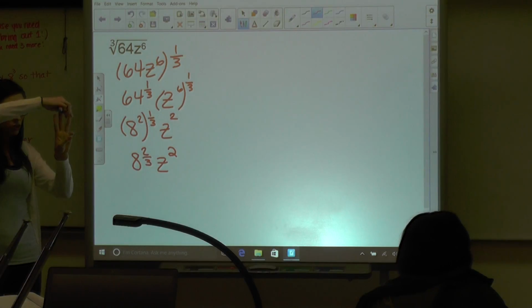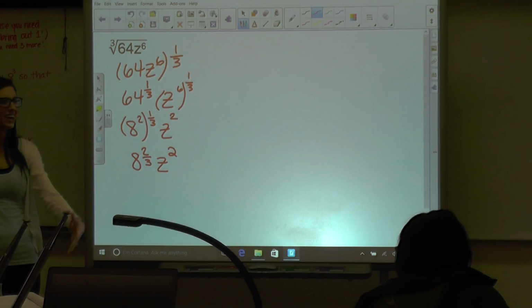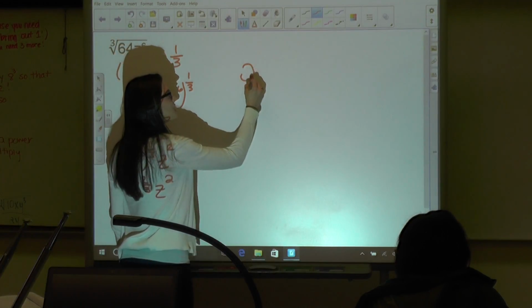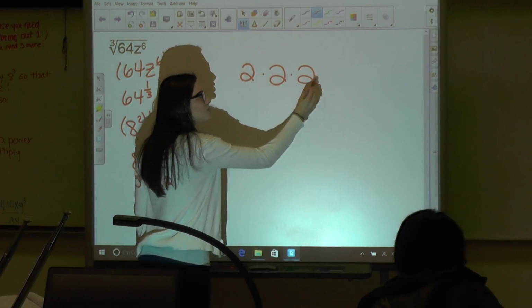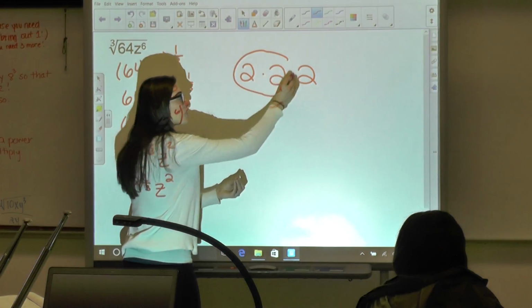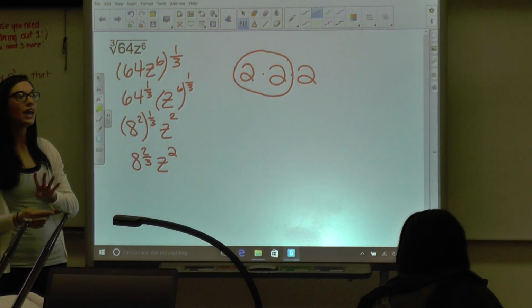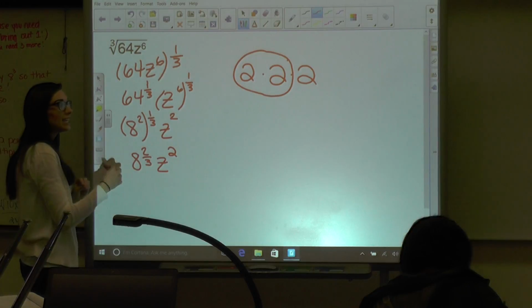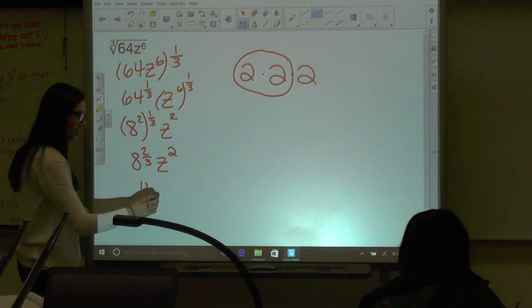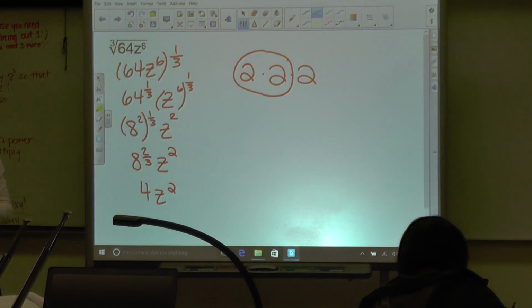So take 2/3 of those parts, which is 2 times 2, which is 4. So what is 8 to the power 2/3? 4. 4 z squared. That's it? That's it. Okay.